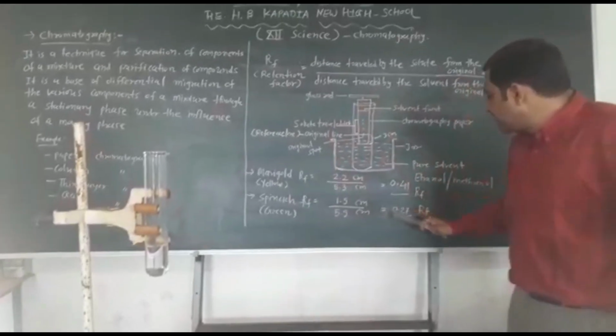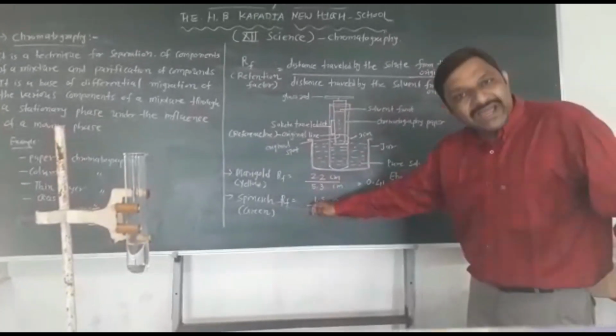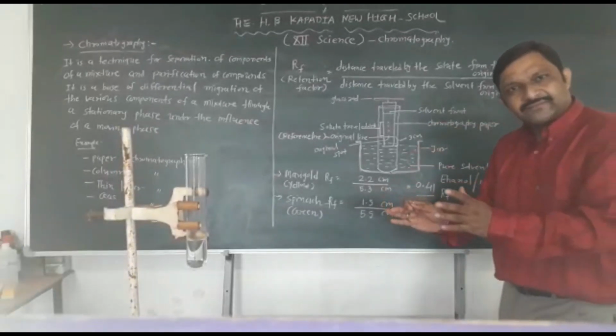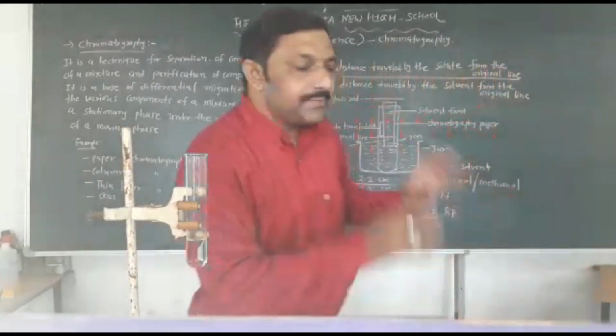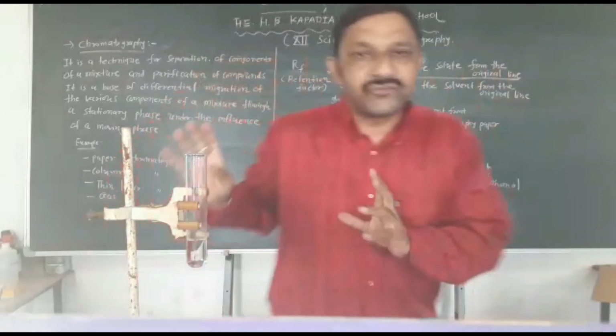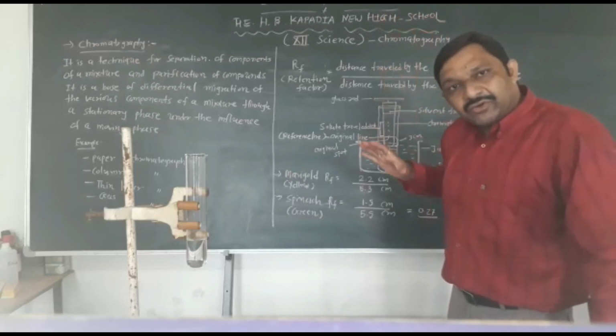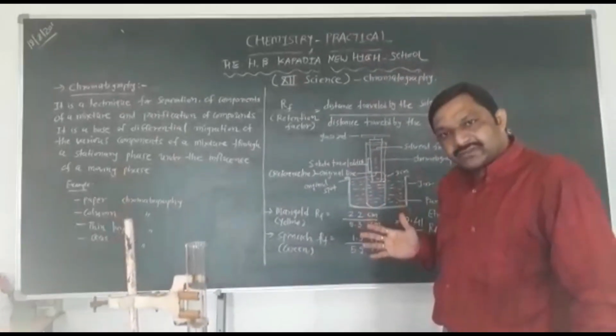Lastly, your RF value in spinach is nearly 0.27. Clear? So this type of practical we have performed here in paper chromatography. Thank you.